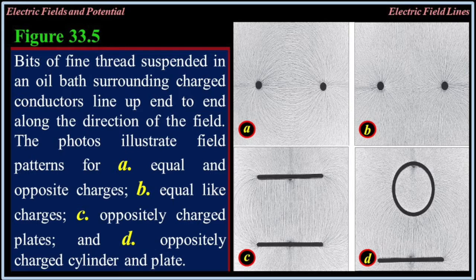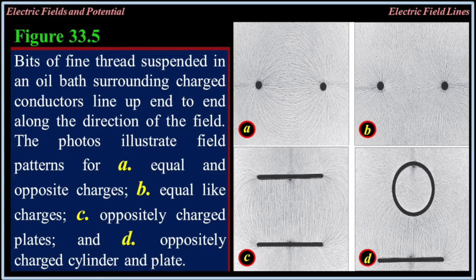The oppositely charged parallel plates in figure 33.5c produce nearly parallel field lines between the plates. Except near the ends, the field between the plates has a constant strength.